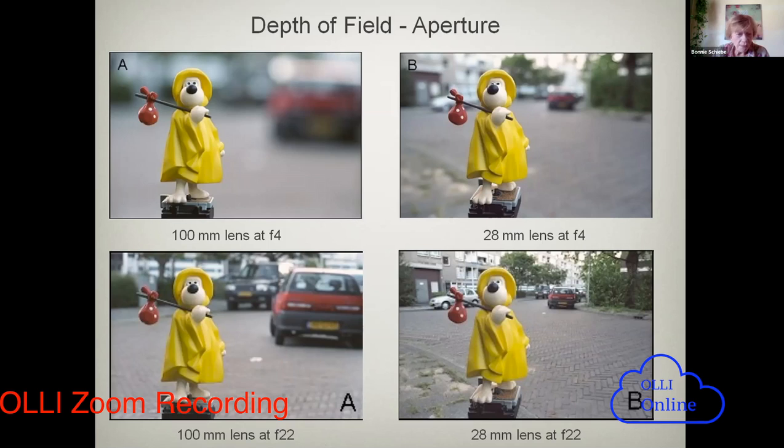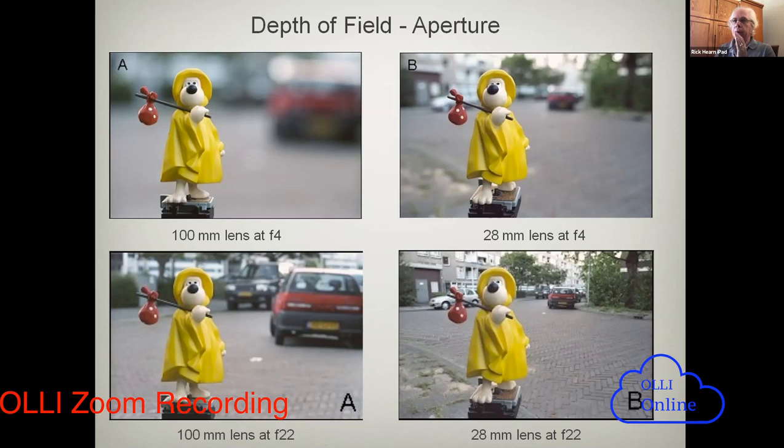The other choice is, do you want a large lens opening or a small lens opening? And let me just state it simply. The top row is large lens openings. The bottom row is small lens openings. And that means with a large lens opening, very little stuff except the subject is in focus.